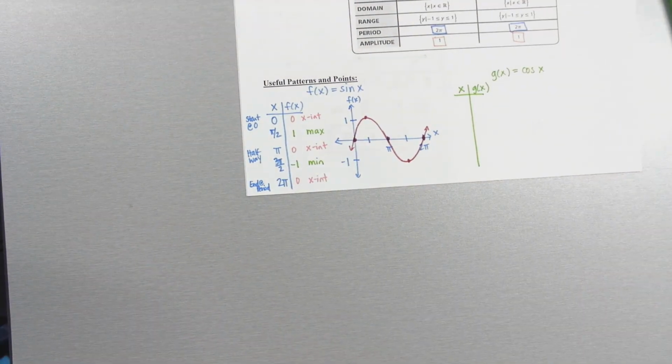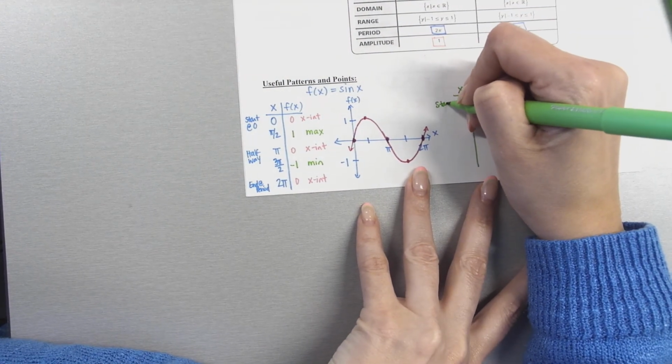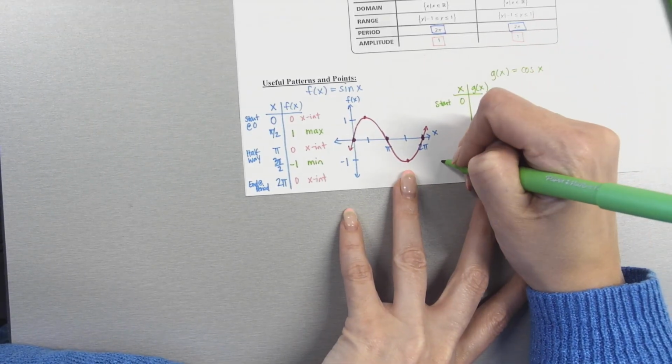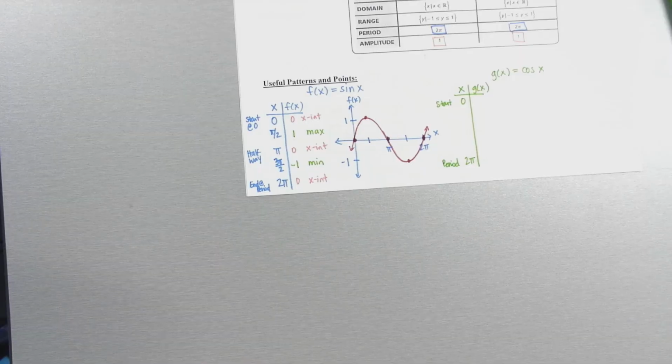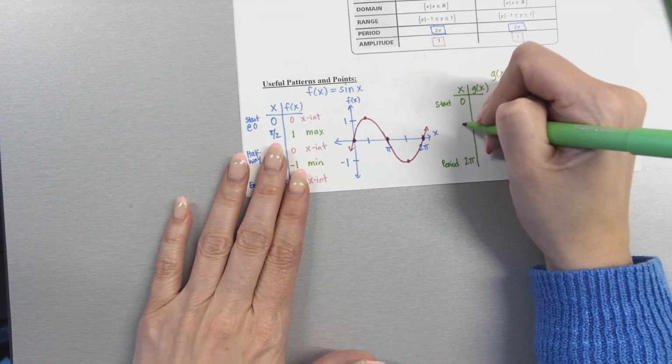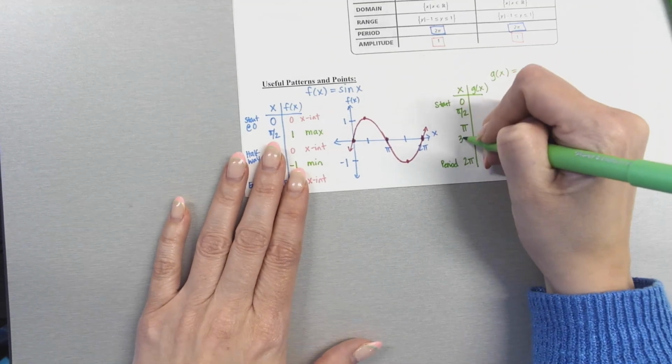Just like with sine, you're always starting at 0, and you're always ending at the period. And for the parent function, the period is 2 pi. So your halfway point, pi, half of that, pi over 2.